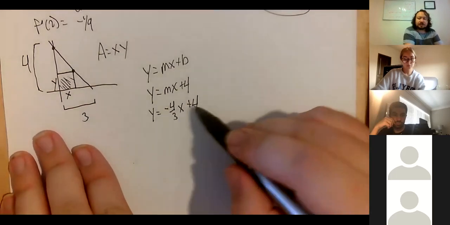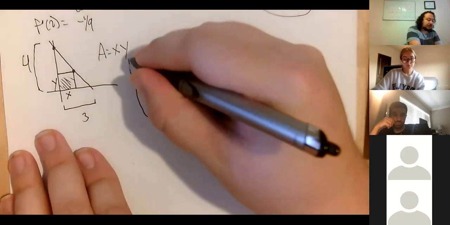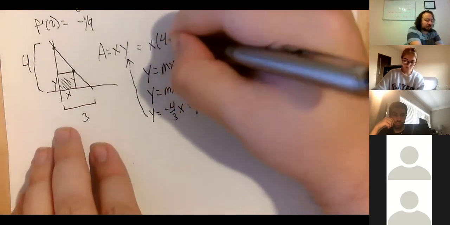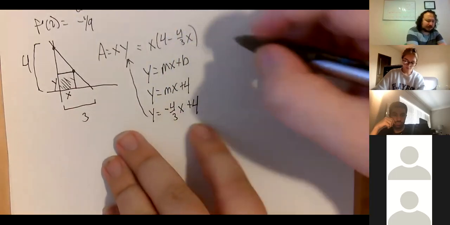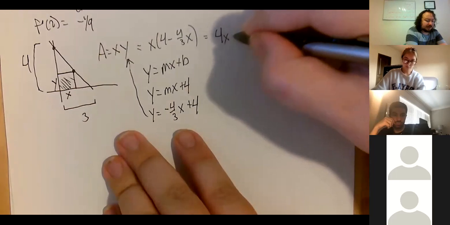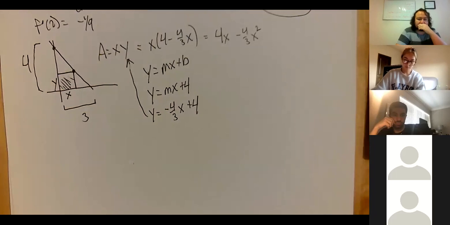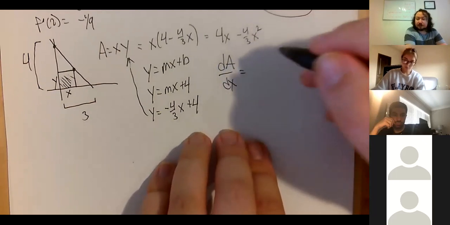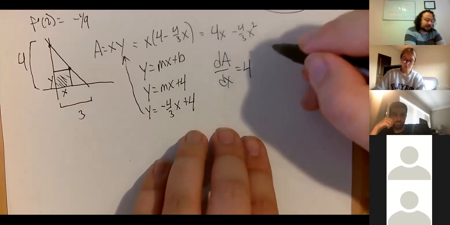And now, conveniently, this line equation gives us a relationship between x and y. So we could substitute this in for the y, and then we only have an equation with x's. We have x times (4 minus 4/3 x). And if we were to FOIL that, we have 4x minus 4/3 x squared. All right, so this is our area function. So let's take the derivative of it and see where it's equal to 0 to find the critical points. The derivative of 4x gives us 4.